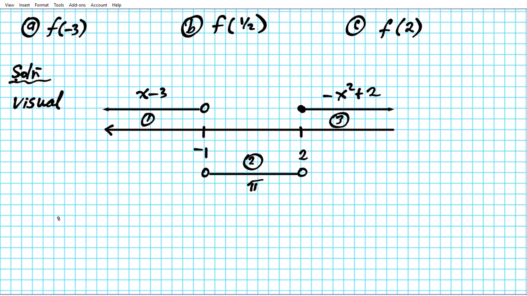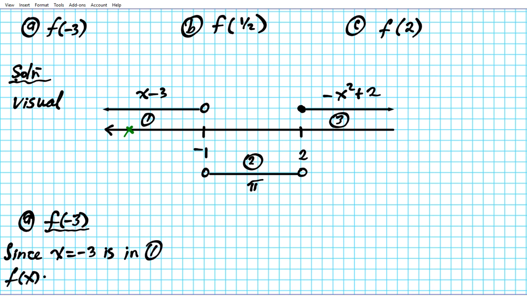The first part, part A, we're looking for f of negative 3. So where is x located? Since x equals negative 3 is somewhere here, in interval 1, our function is going to attain the value of x minus 3.